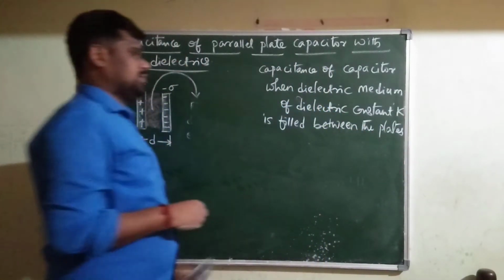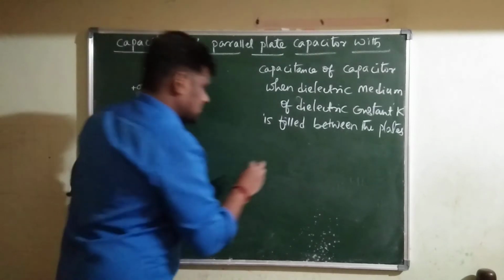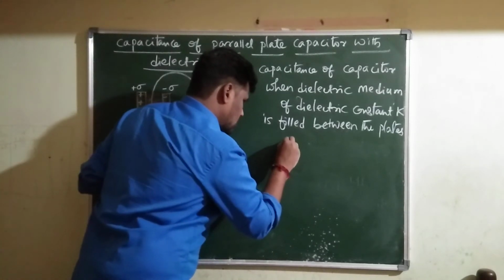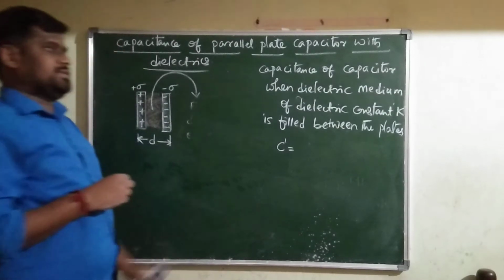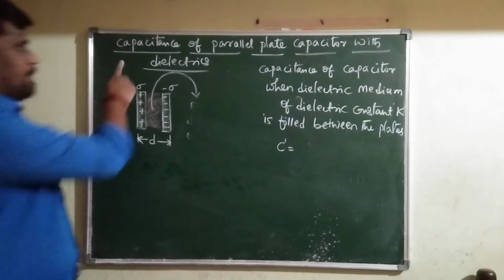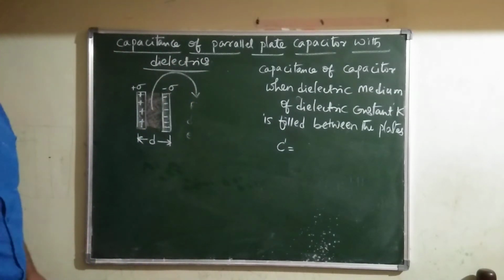What is the capacitance? I will call it C dash. C dash is the capacitance of a parallel plate capacitor when you are using a dielectric medium.